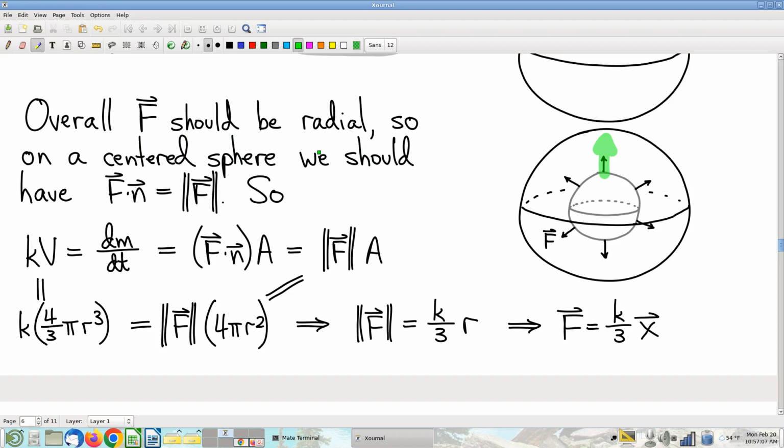Next observation. Don't forget that our unit normal vectors are always perpendicular to the surface, and because I've chosen a sphere centered at the origin, perpendicular to the surface is also radial.